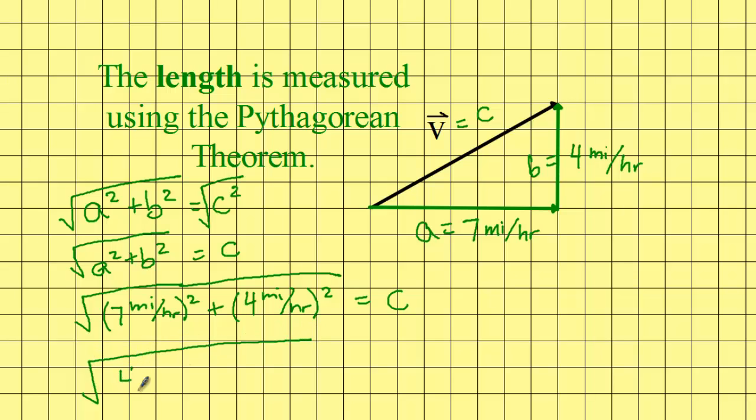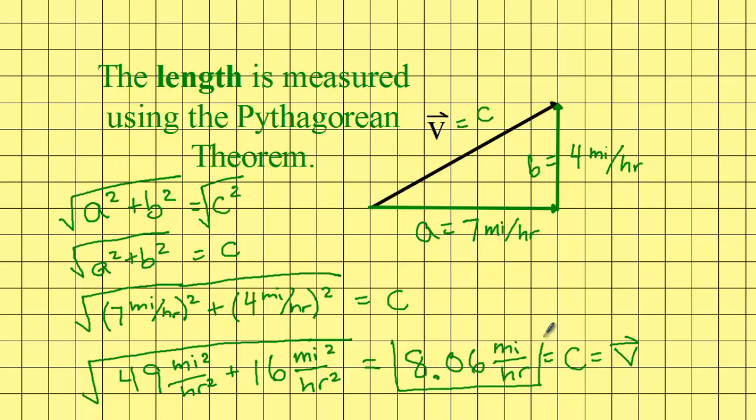That would be 49 miles squared per hour squared plus 16, which is 4 squared, miles squared per hour squared. Those are kind of funky units, but they'll work out here in a second. And so when I put that in my calculator, I get 8.06 miles per hour. And that equals c, which is our velocity. So we just found the magnitude of our vector using Pythagorean theorem.